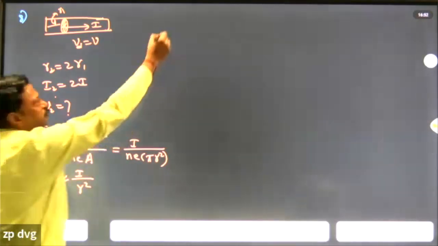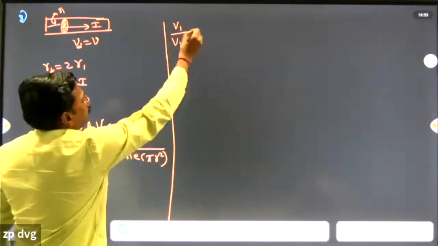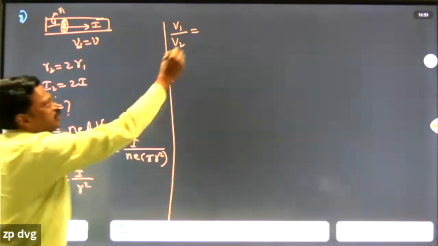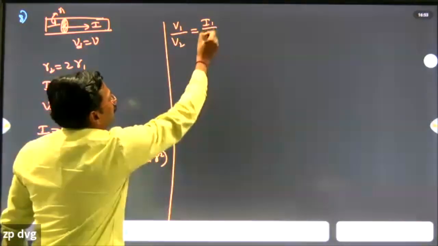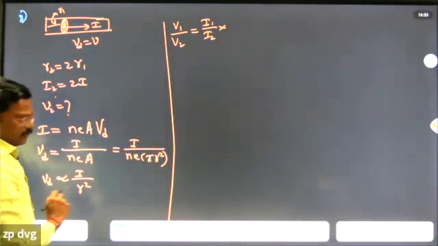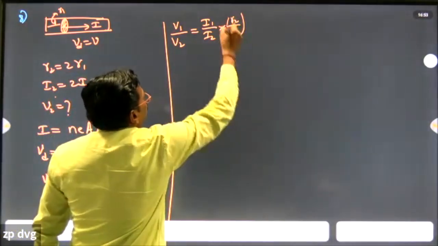Now if you take the ratio of two drift velocities, V1 by V2, by this expression we can write it is I1 by I2 into the inverse ratio of radius, that is R2 by R1 whole square.